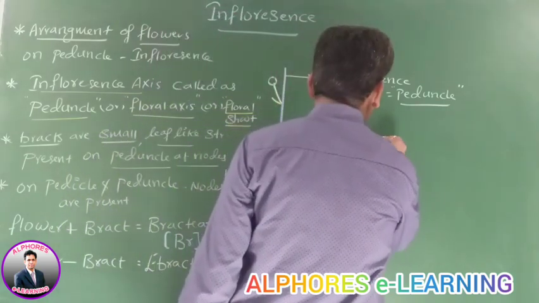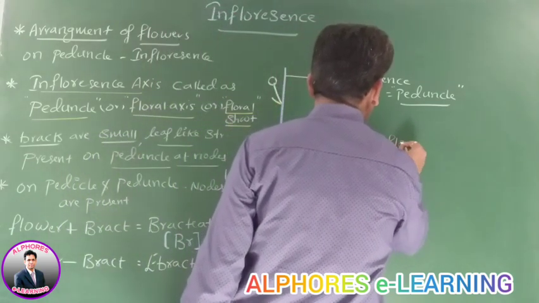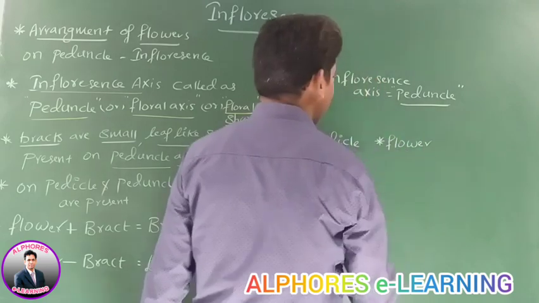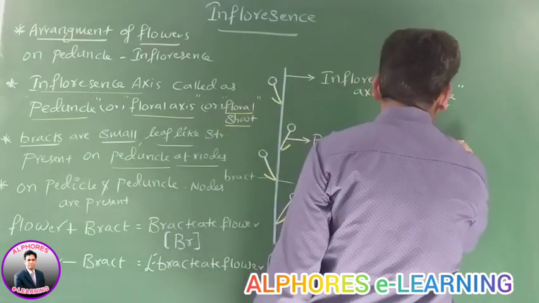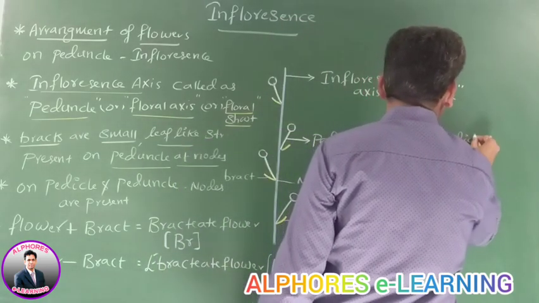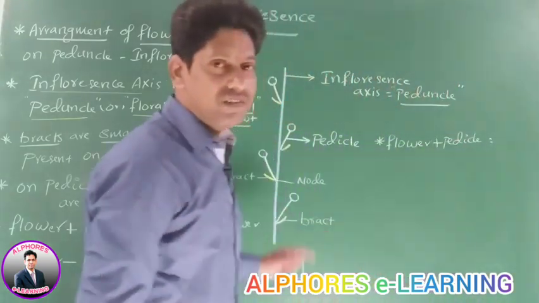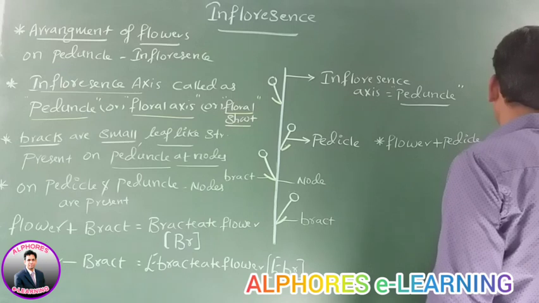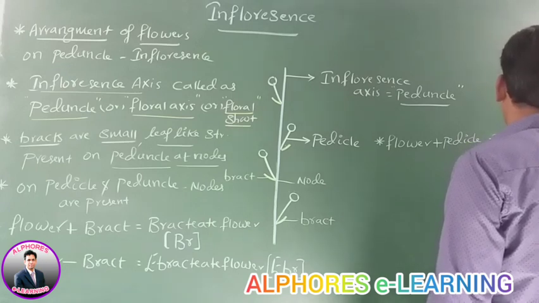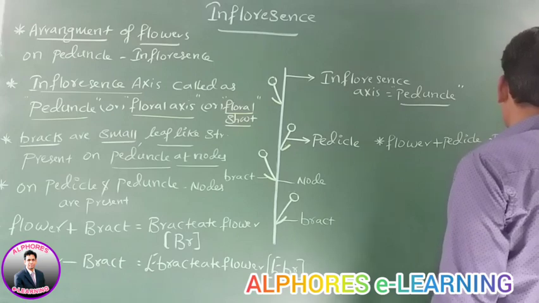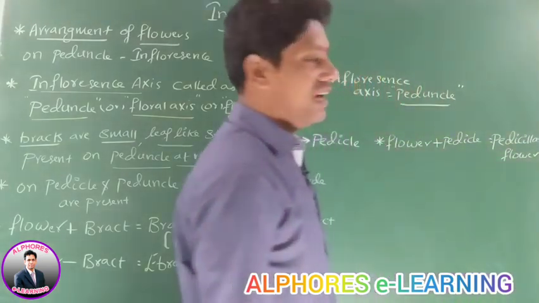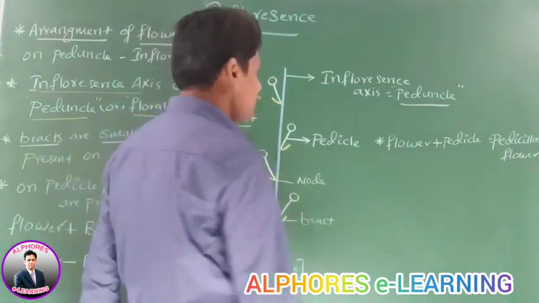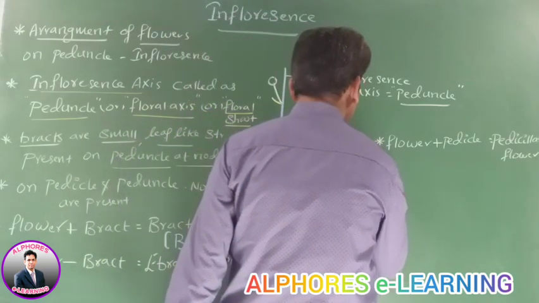Therefore, if you take a flower, if that flower is with what, sir? Pedicel. If that flower is with pedicel, then that flower is called as a pedicellate flower. Sir, take a flower.